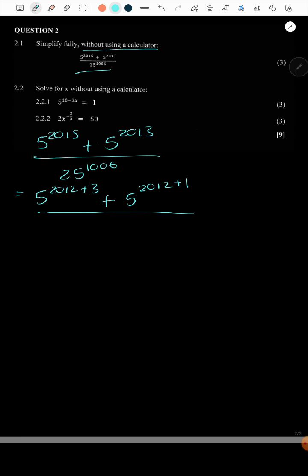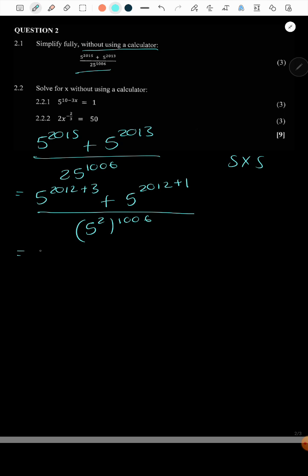25 can be written as an exponent as 5 to the power 2, because 5 to the power 2 is 5 times 5, which gives you 25. So 25 to the power 1006 is 5 to the power 2 all raised to 1006. And the 5 to the power 2015, we can separate using our laws, because this comes from the law of exponents, which says when you multiply powers with the same base, you add the exponents.